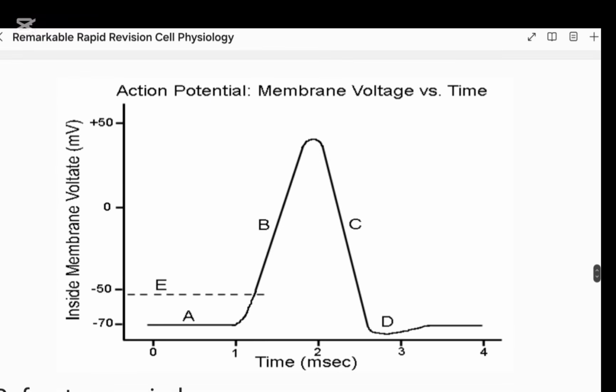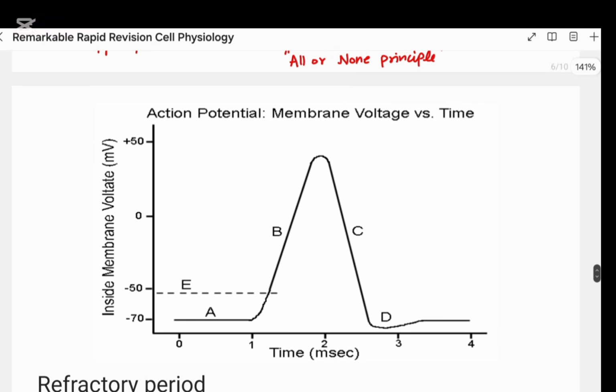So this right here is a simple diagram of the action potential. This A is the resting membrane potential, and if a stimulus is given which does not reach this E, which is the threshold, it will result in a failed attempt. Once this threshold is reached, the action potential becomes inevitable and there is an upstroke.